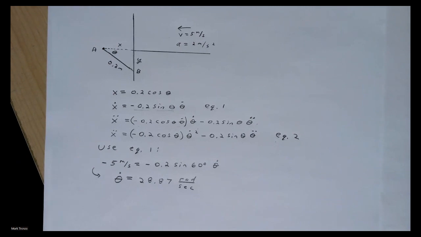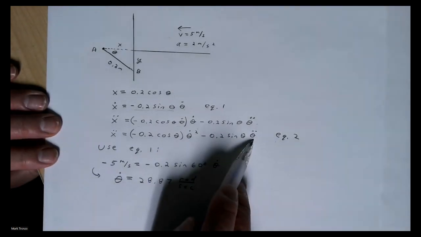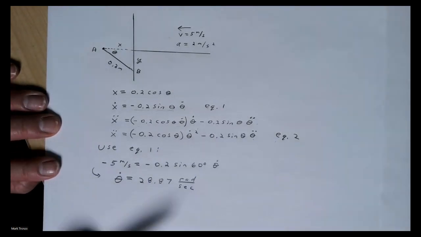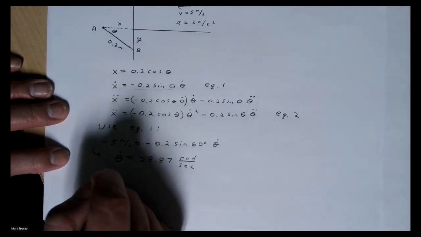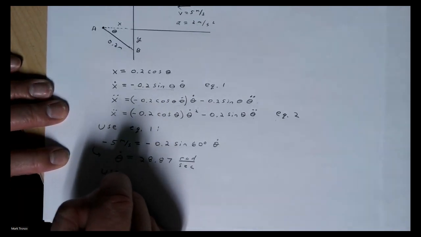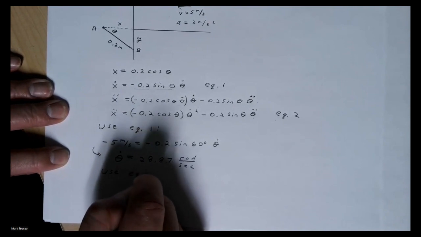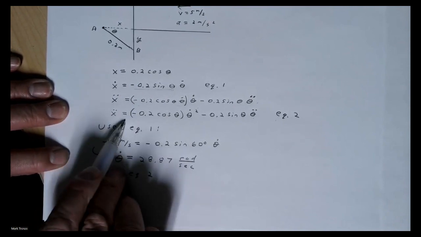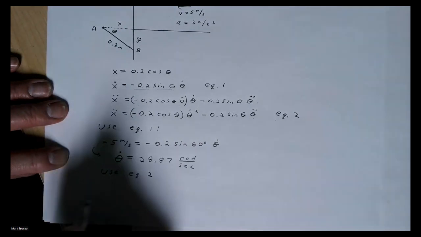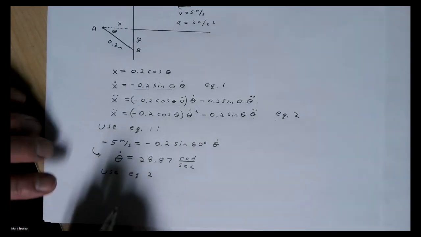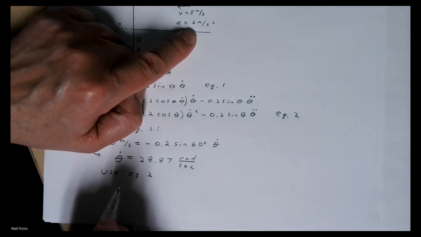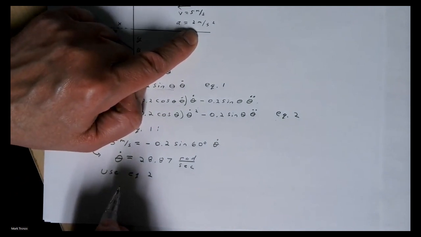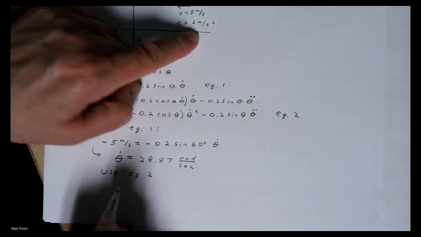Now, to find the angular acceleration, we can use equation 2. And I'll use this version here. For equation 2, now here we know the acceleration is 2 meters per second squared.